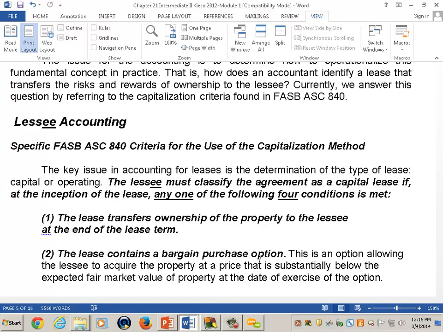If at the end of the lease you're told that the car is yours, or you could buy it for $100, you could buy it for $2, you have built up equity.